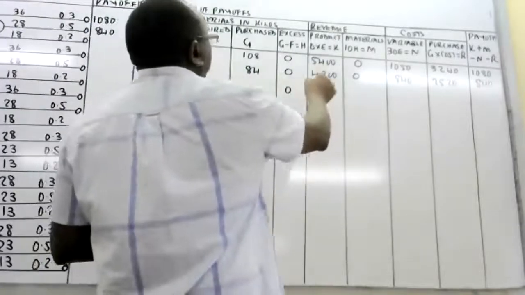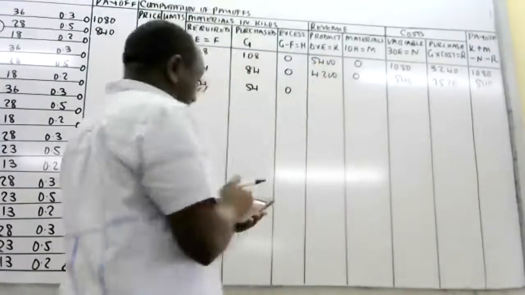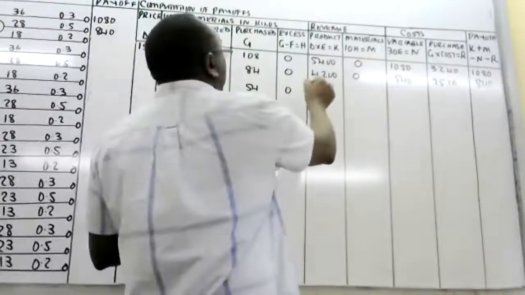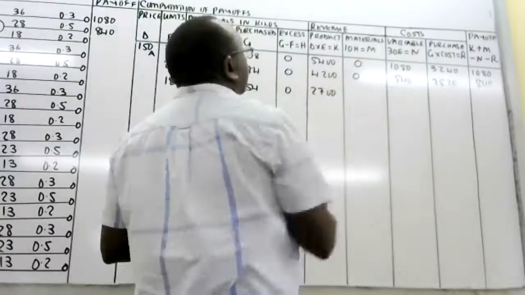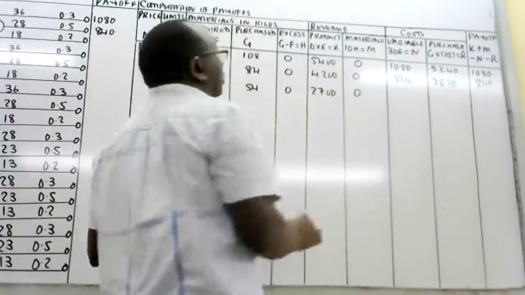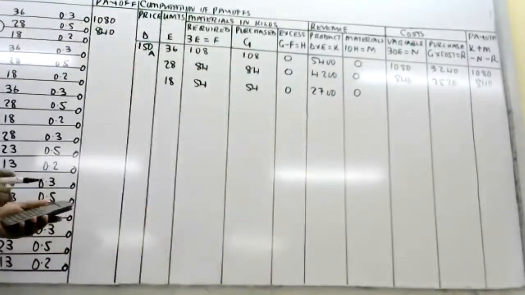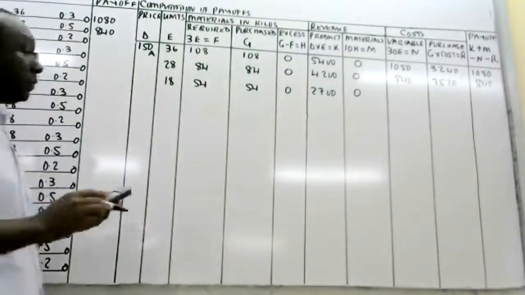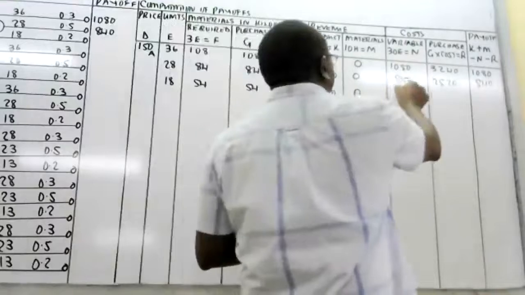Then we go to the revenue. The revenue will be 18 times 150 is 2,700. Material is 0. Variable cost is 30 times 18, 540.